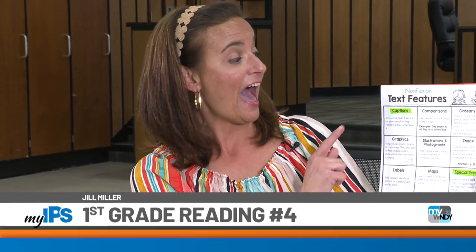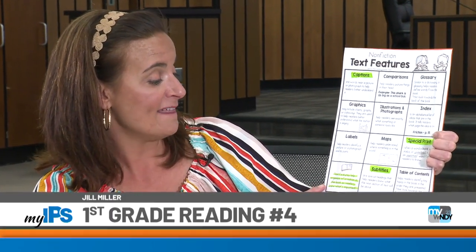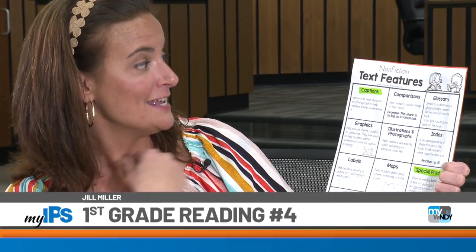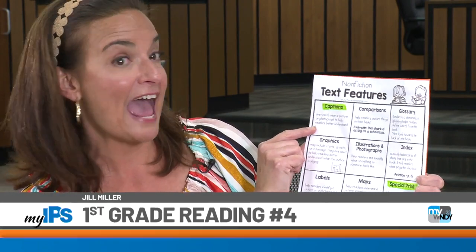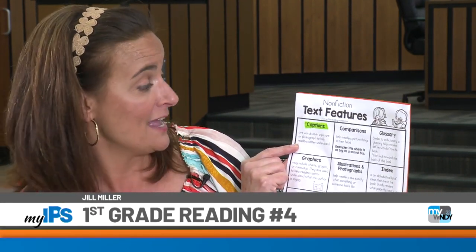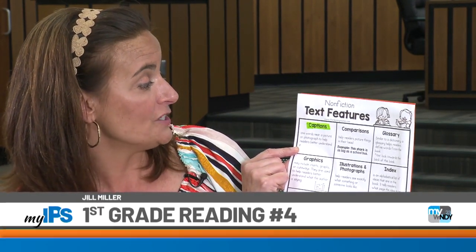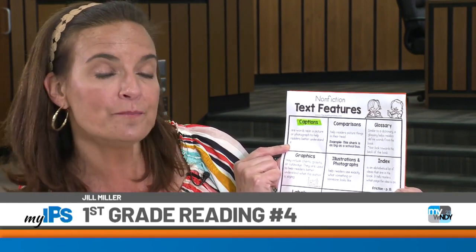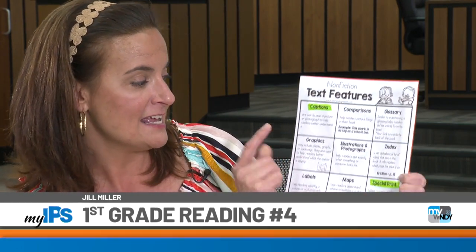Let's review what text features are. I've highlighted the ones that we're going to see in our story today. A text feature helps organize information in the book so you know what's important. So you are going to see captions today in our book. Captions are words near a picture or photograph to help readers better understand it.